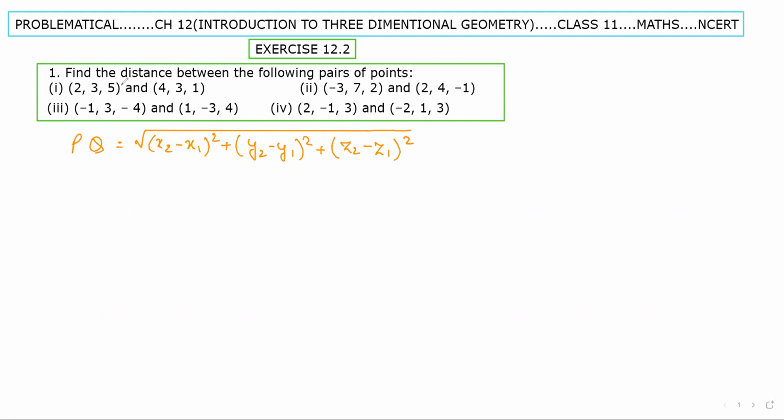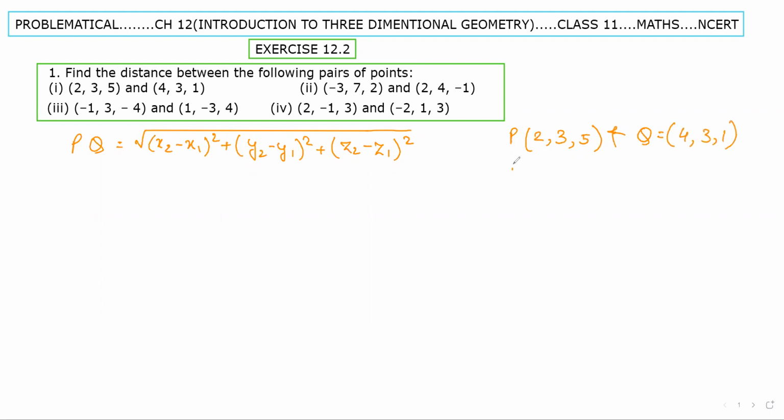Here, the given points, let these points be P and Q: P is 2, 3, 5 and Q is 4, 3, 1.